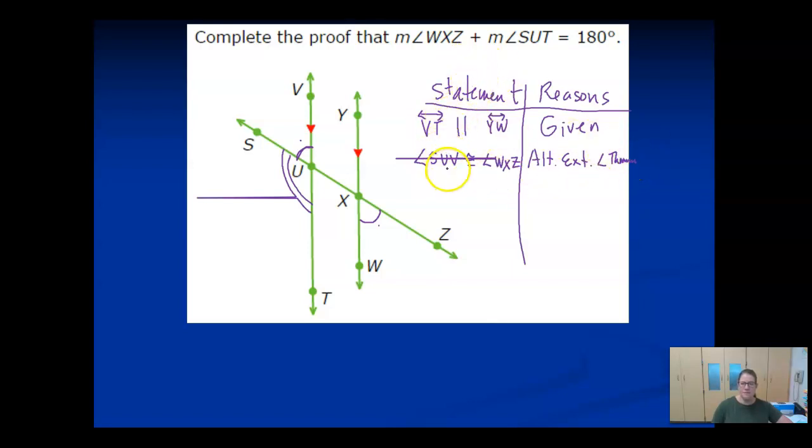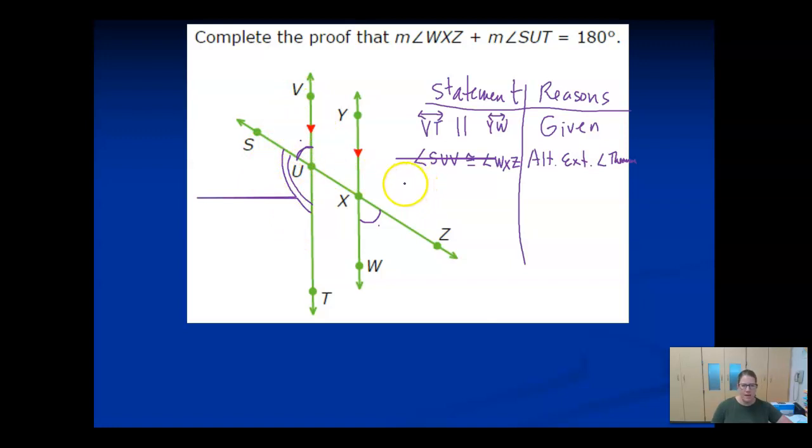Alright, so now that I have SUV is congruent to WXZ, I can also see that SUT and SUV are supplementary because they're a linear pair.